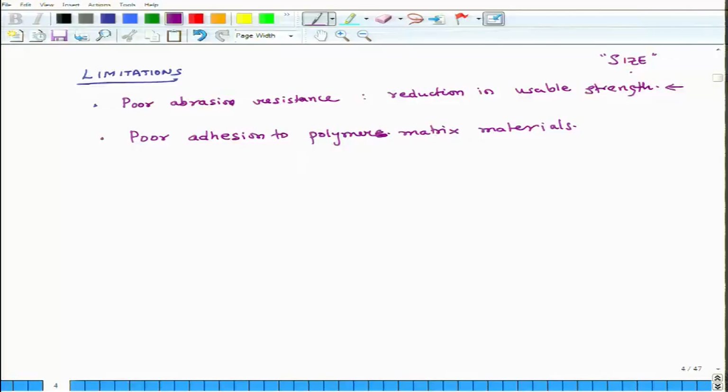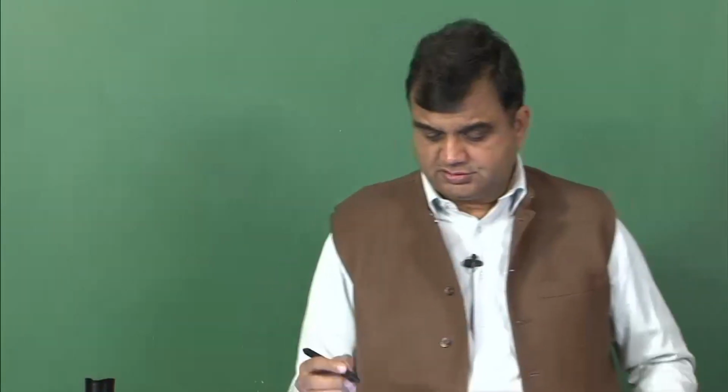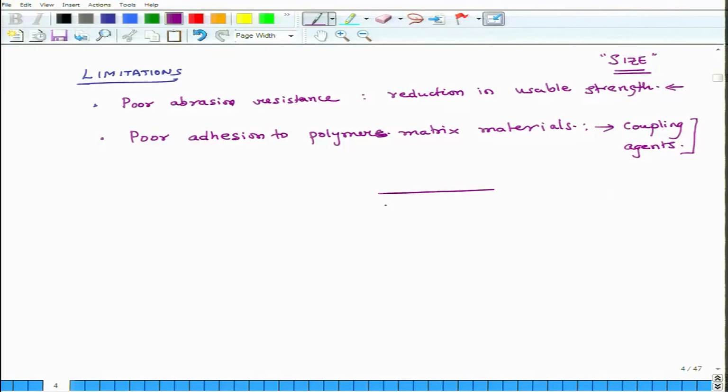So, in those places people somehow remove this size, and then they apply another material known as coupling agents, and there are different types of coupling agents. These coupling agents help develop a good bond between the fiber and the matrix. Typically, you have a fiber, and I am just going to magnify it, and then a coating of coupling agent is on top of the fiber, and then you have the matrix material.